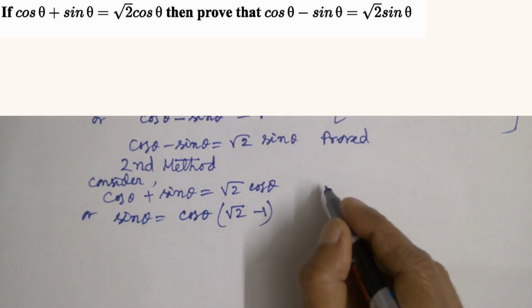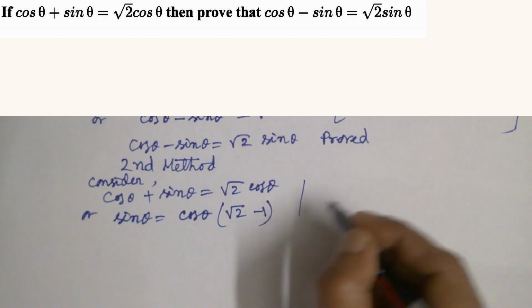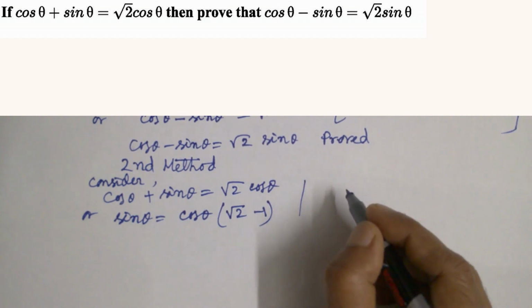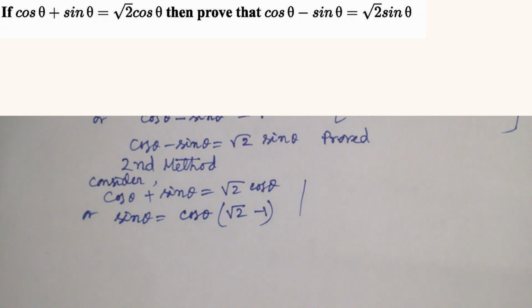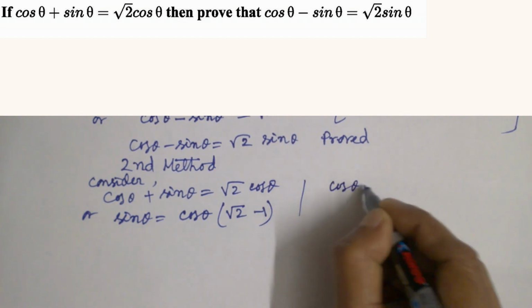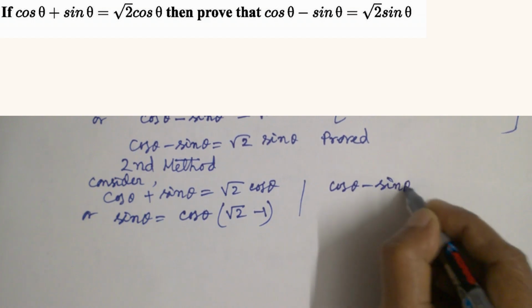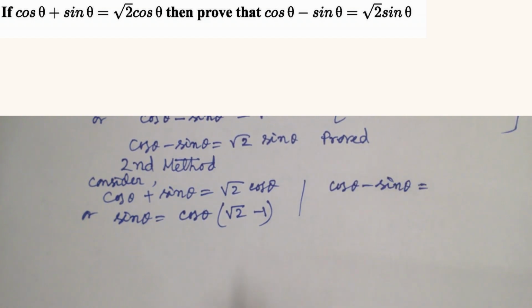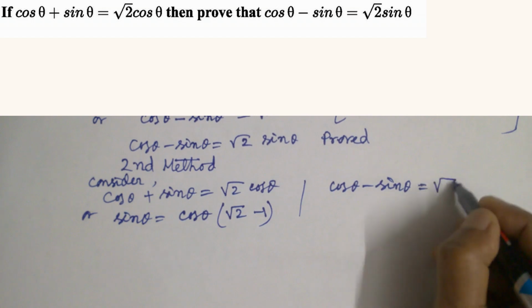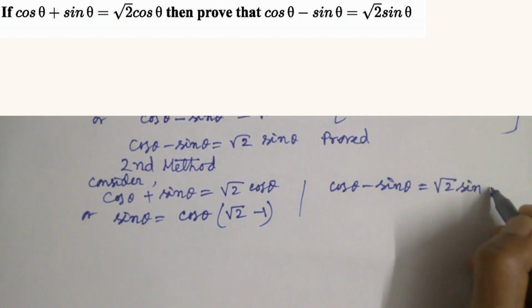Now writing here the equation which is to be proved. The equation to be proved is cos theta minus sin theta is equal to root 2 sin theta.